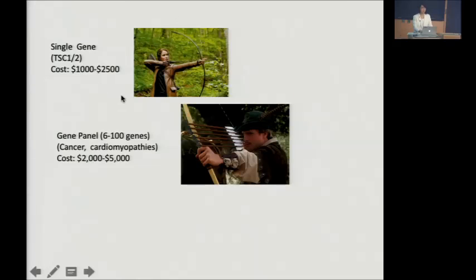So a great deal of clinical acumen is required. Nowadays, we have the ability to test gene panels of maybe 6, 20, 50, or 100 genes that can cause a phenotype which is very heterogeneous and has many potential causes, and the cost is like $2,000 to $5,000.